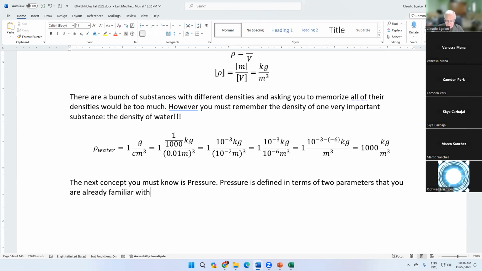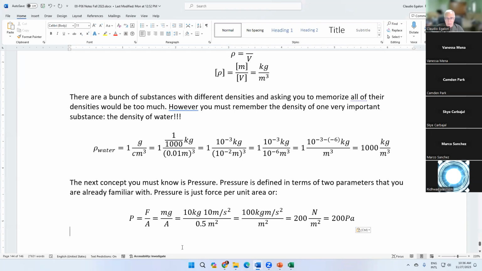Pressure is just force per unit area. Okay, or here you go, force per area.